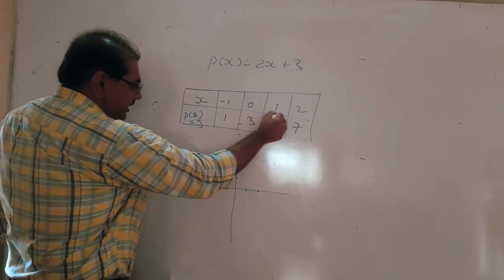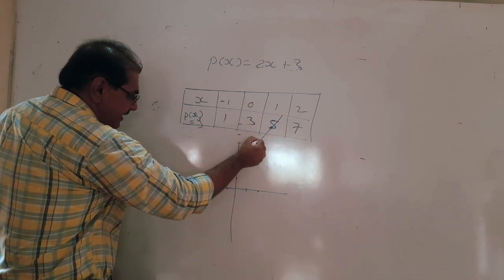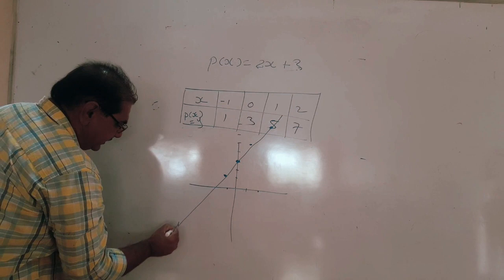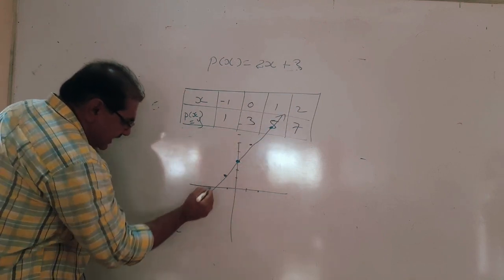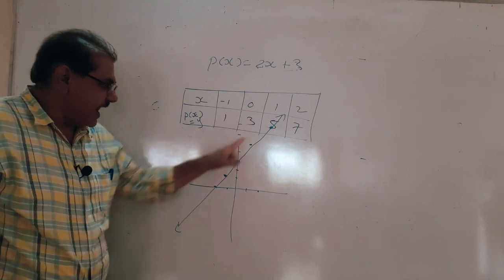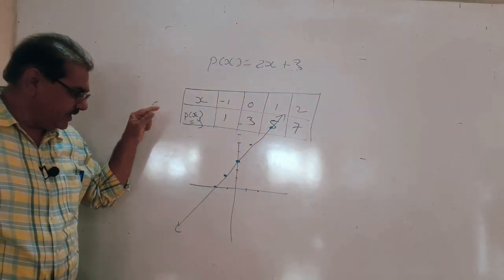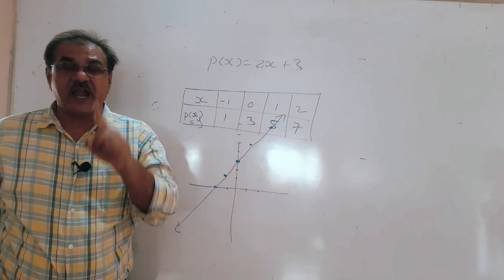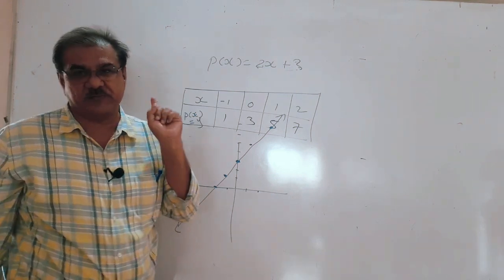Now if I draw a line containing all these points, this line intersects the x-axis somewhere. So the point at which the graph of the polynomial intersects the x-axis is known as the zero of this polynomial.